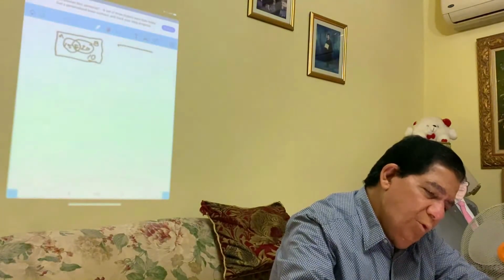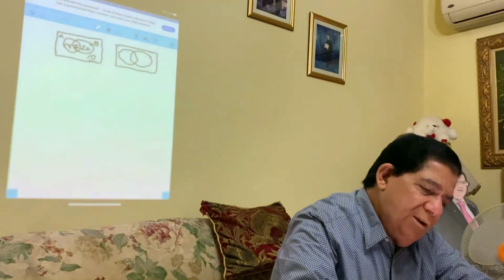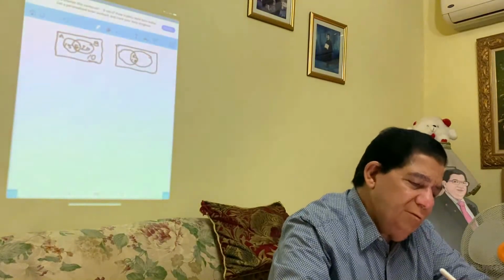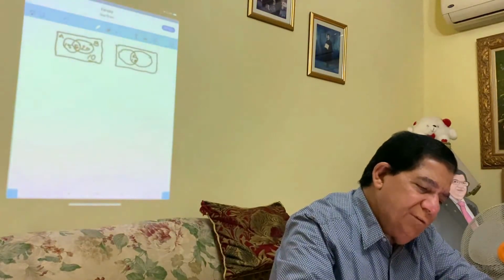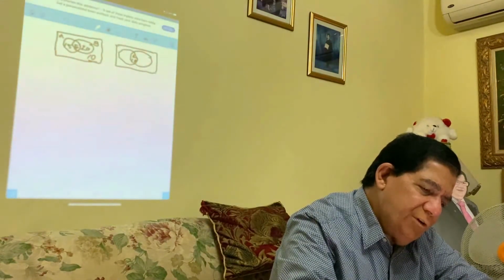Instead, we can put probability, the same thing. And we say this area is 5 over 50, which is 1 over 10. This area is 15 over 50, which is 3 over 10.